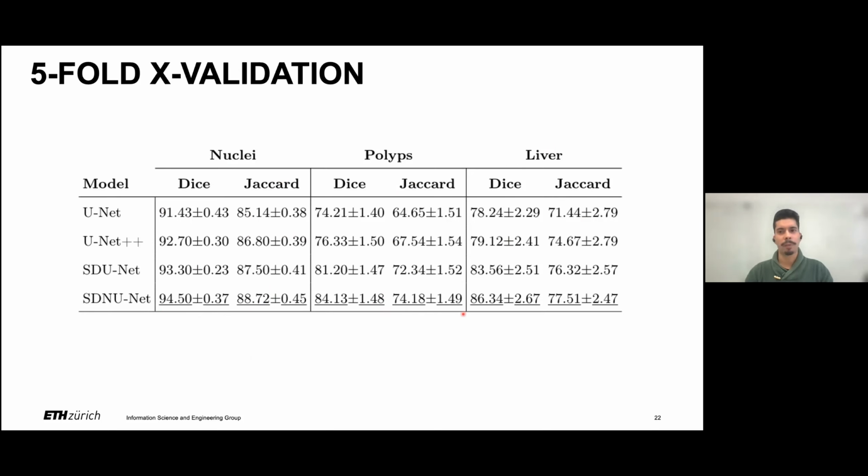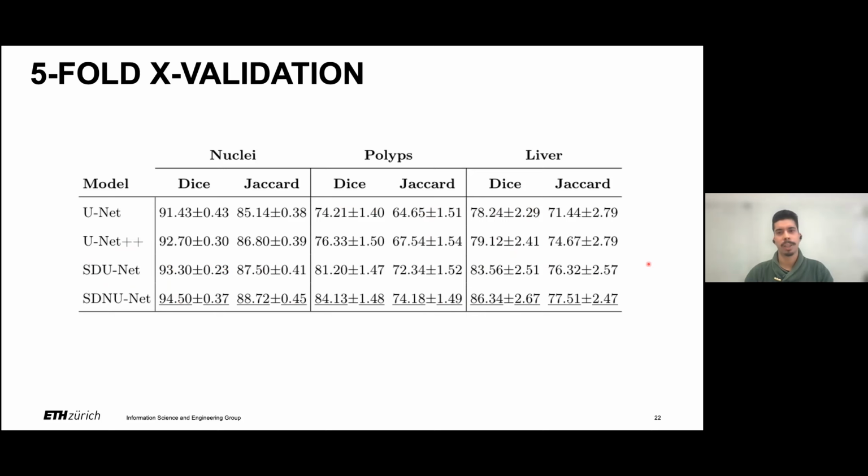Here we get an average increase of 6.98 dice from the UNet-based models to the STN-based models, and a 5.5 dice gain from the UNet++-based models to the STN-based models. I think it's also interesting to note that just the UNet with the spatial dependency layers outperforms the UNet++ in our study across the different tasks.